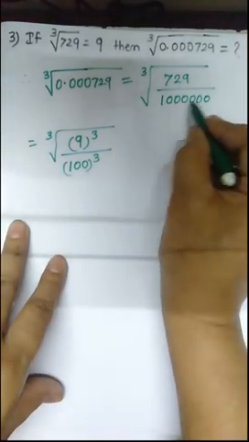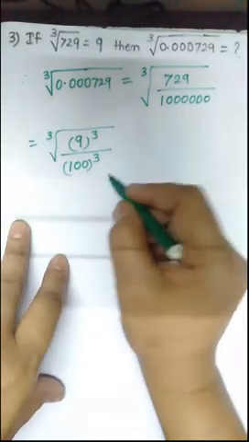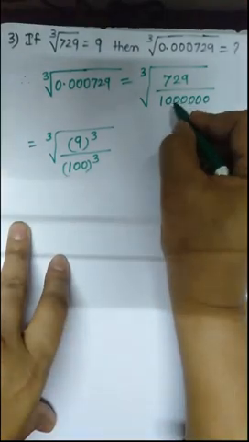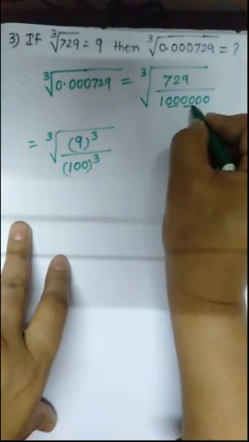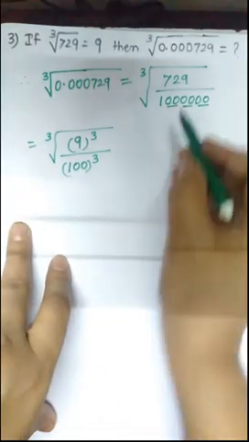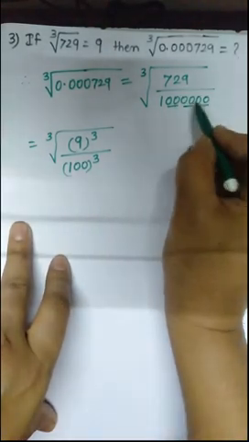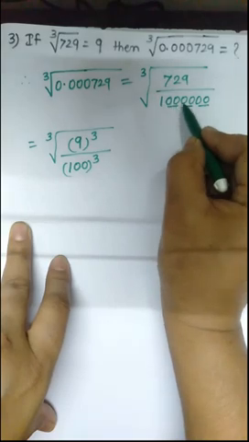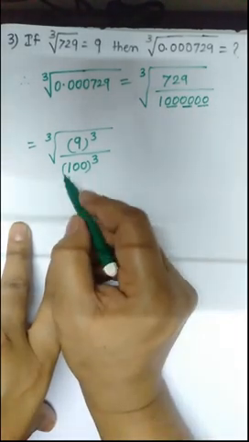This is the cube of 100. How? Because make pairs of 2 zeros. How many pairs are there? 3, means it is the cube of 100. Understood?